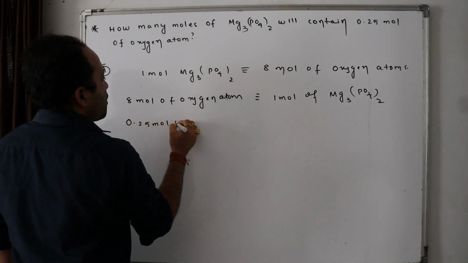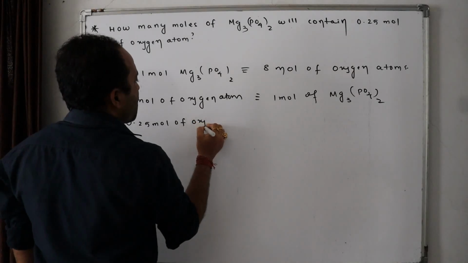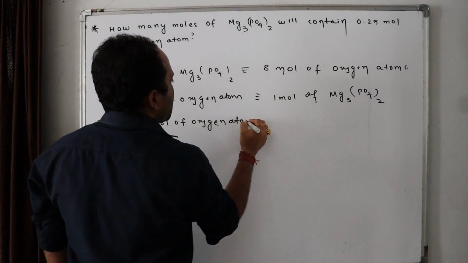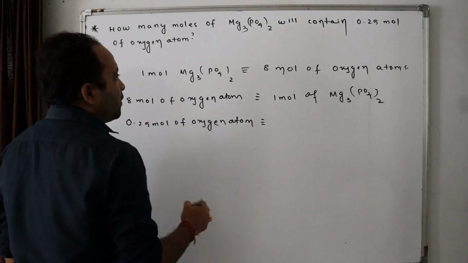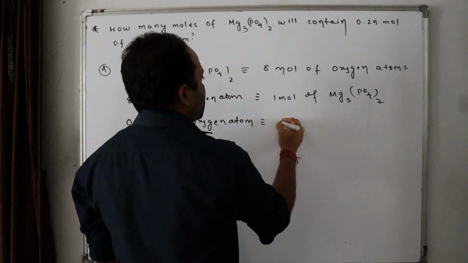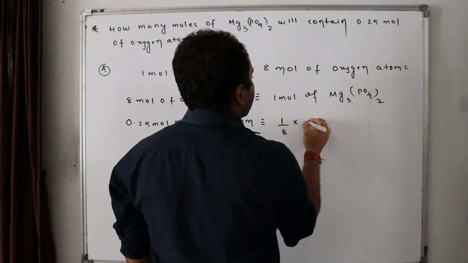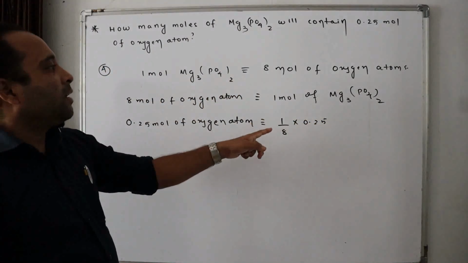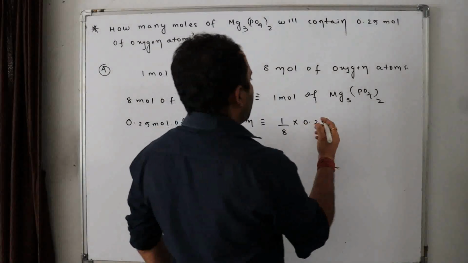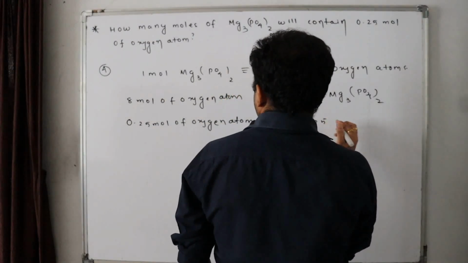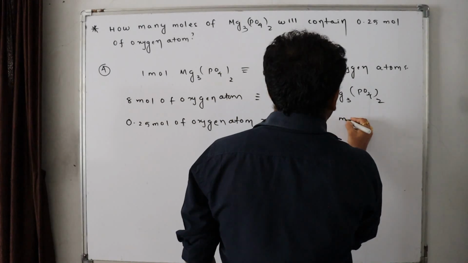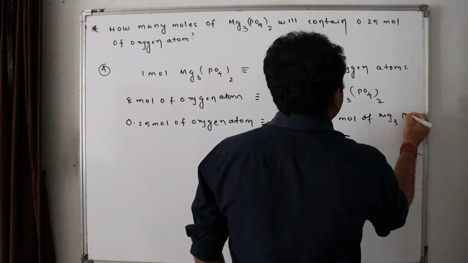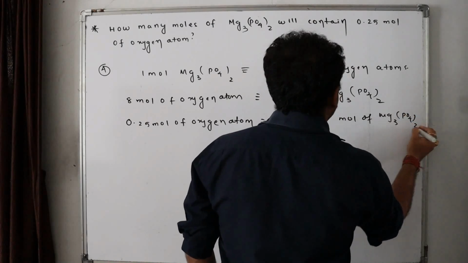Now 0.25 mole of oxygen atoms will have how much? 1 by 8. So 0.25 mole of oxygen atoms will be present in 1 by 8 into 0.25 mole of Mg3(PO4)2.